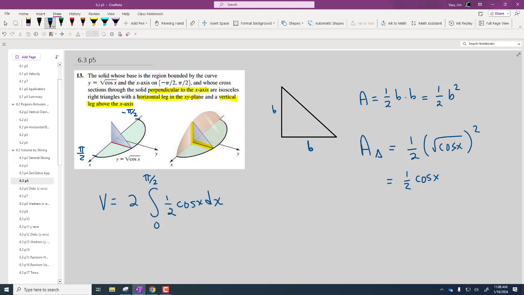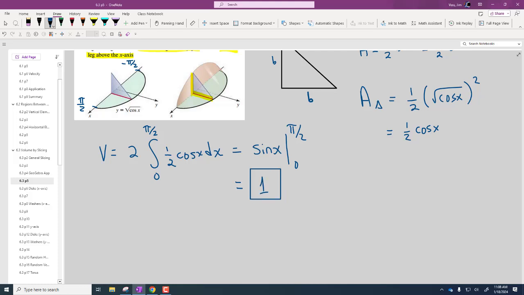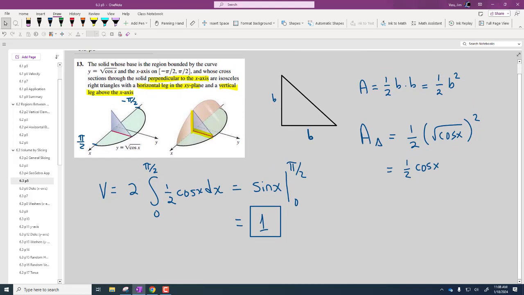If you see it right, it can feel very easy. So we get sine of x from 0 to pi over 2. So there's our volume, a nice integer. No pi's, no irrational numbers. The volume of that wedge is 1 cubic unit.